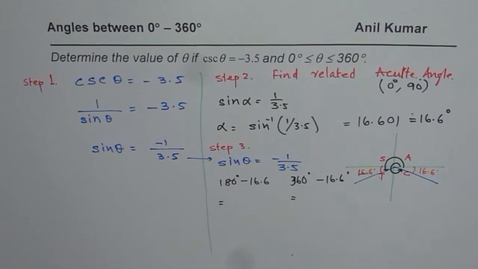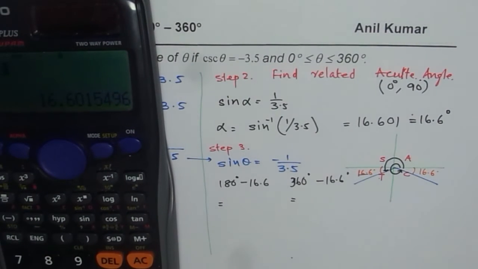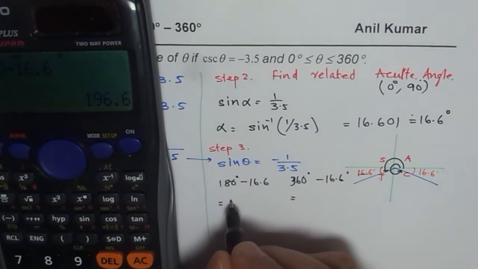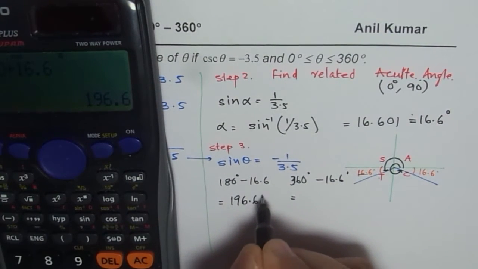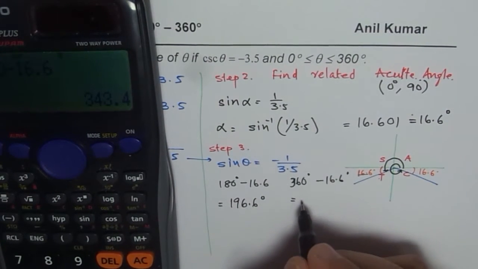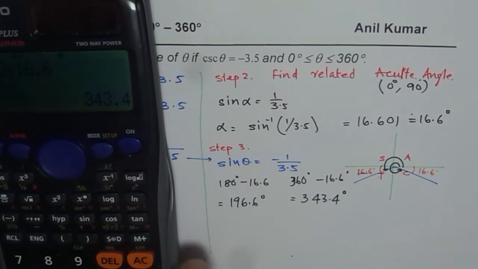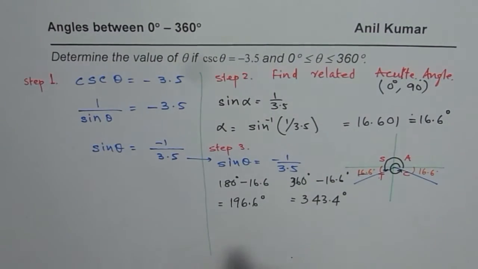So let's use the calculator to find this. 180 plus 16.6 gives us 196.6 degrees. The other one is 360 minus 16.6, which equals 343.4 degrees. Accurate to one decimal place, that is the answer.